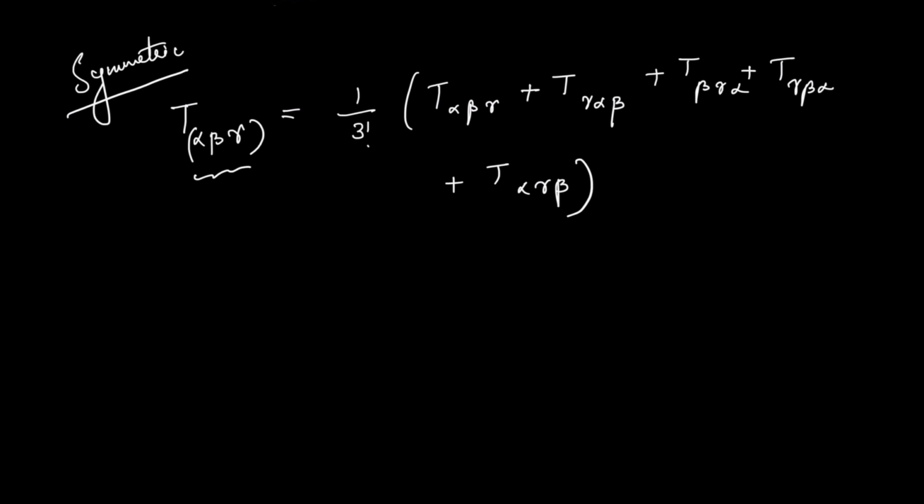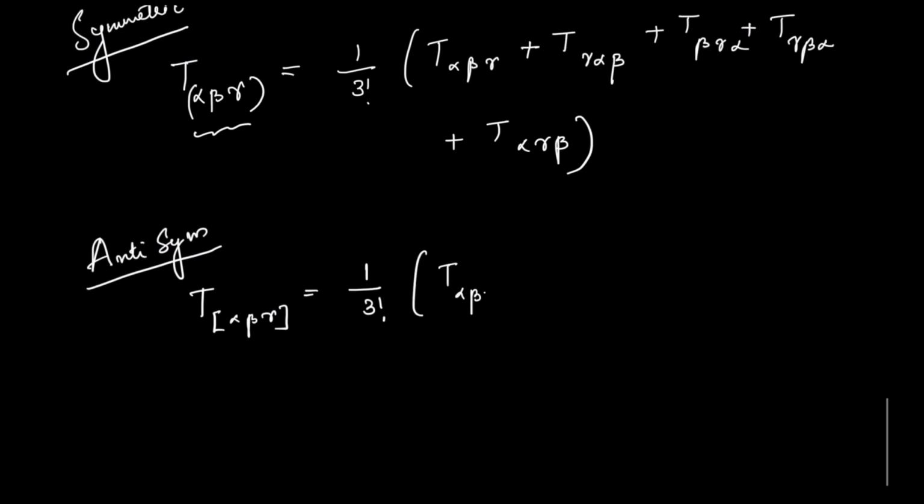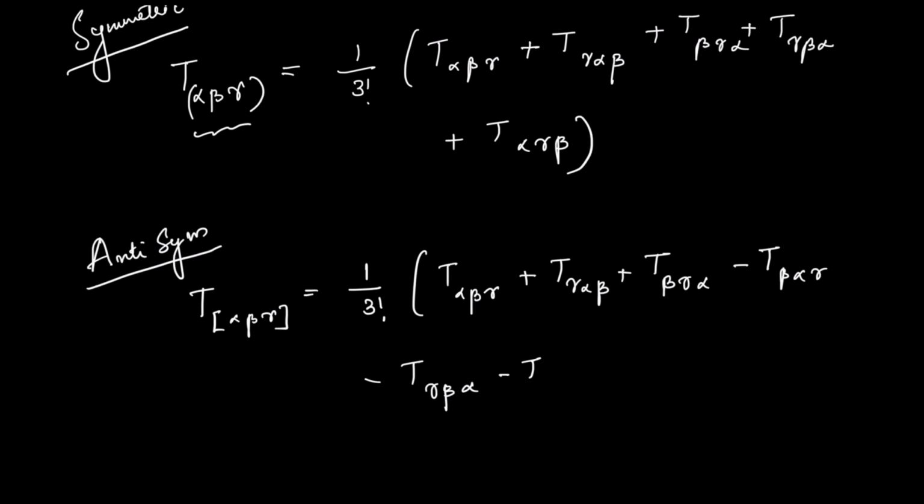One can also construct a completely skew symmetric tensor, okay, or the antisymmetric tensor T alpha beta gamma, which is given by 1 by 3 factorial T alpha beta gamma plus T gamma alpha beta plus T beta gamma alpha minus T beta alpha gamma minus T gamma beta alpha and minus T alpha gamma beta.